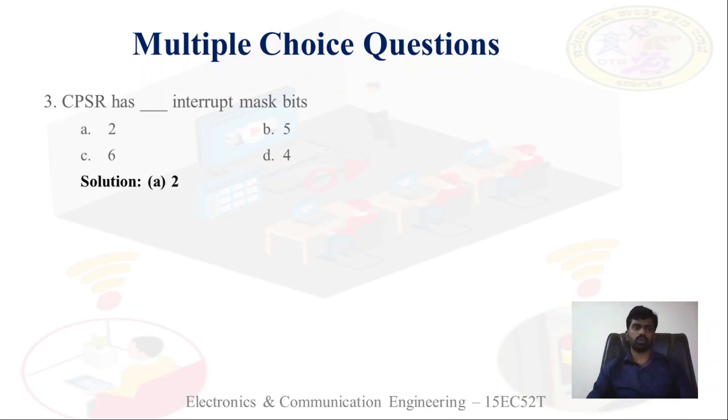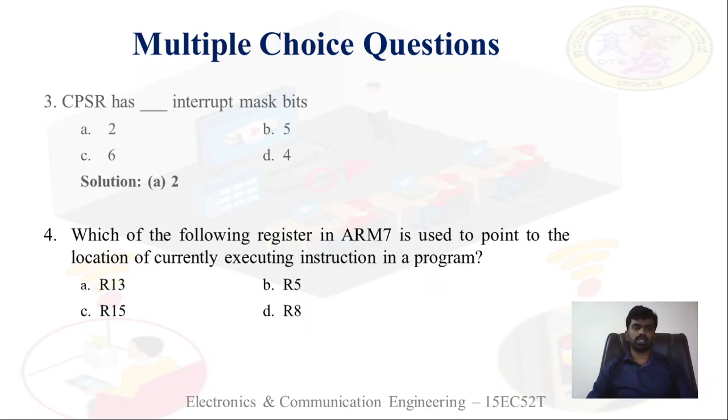The next question is, which of the following registers in ARM7 is used to point to the location of currently executing instruction in the program? I repeat, which of the following registers in ARM7 is used to point to the location of currently executing instruction in a program?